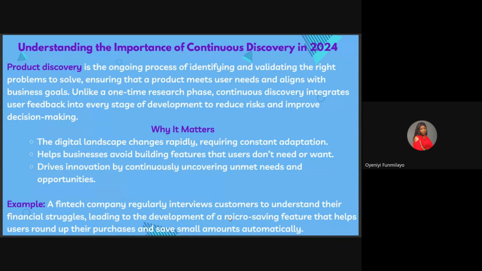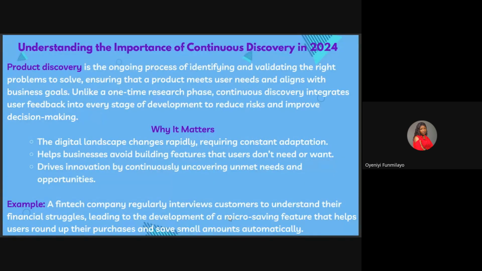Because right now you are only building what users want. But if you don't make this research about what your users want, you will be building irrelevant products for them and they will not use it. It's only you and your team that will be using it, or the future will be looking at you.